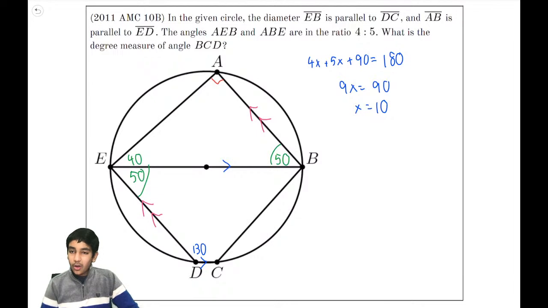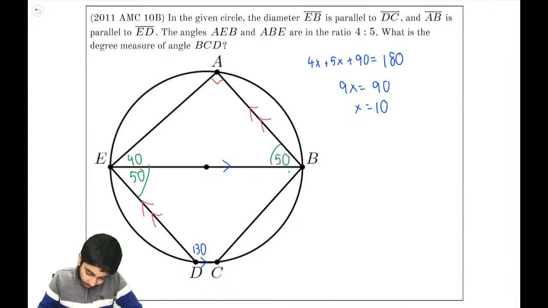And now you might be stuck. What can we do now? How do we find the angle of BCD? How do we find this angle and this angle? How can we do that? Any ideas?